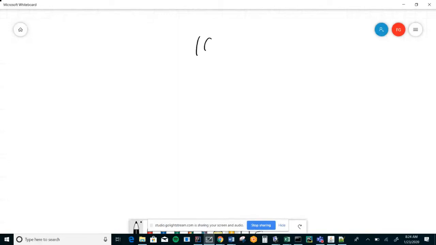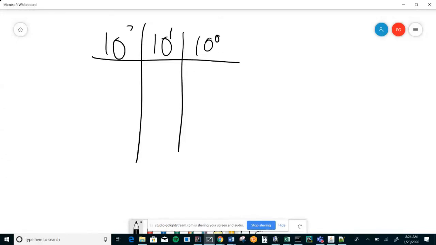You've got the 10 to the 0 column, the 10 to the 1 column, the 10 to the 2 column, and so forth. And that can continue indefinitely. Now, I wrote this in terms of 10 to some power. Odds are that's not exactly how it was presented to you in first grade, right? Instead, they talked about the ones place, the tens place, the hundreds place, and so forth.